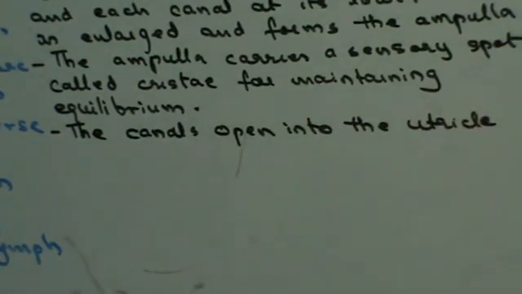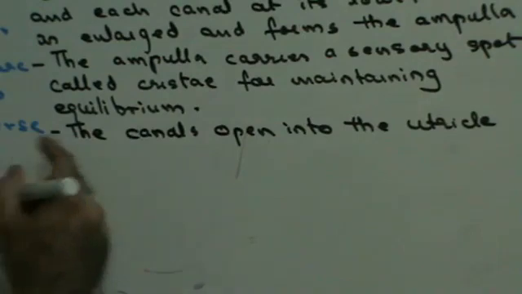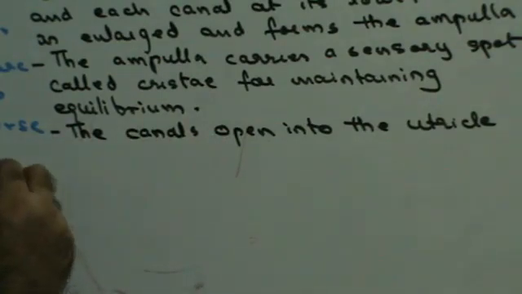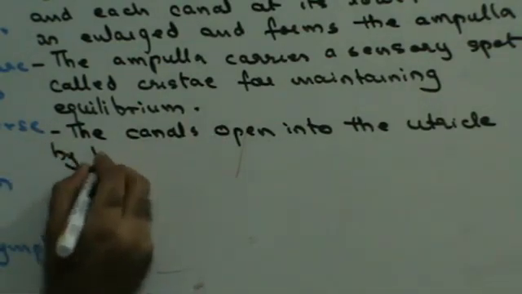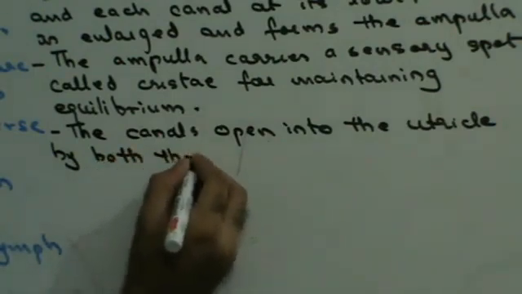First, I'm giving you the structure, and then I'll show you how this structure helps in maintaining the balance of the head. Both ends of the canals open into the utricle.